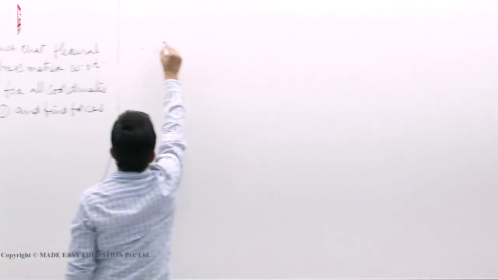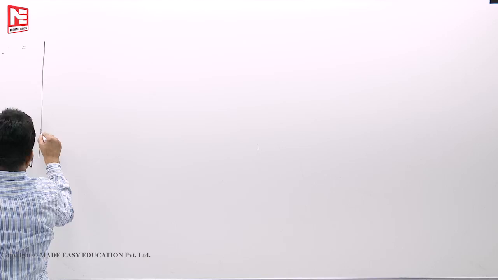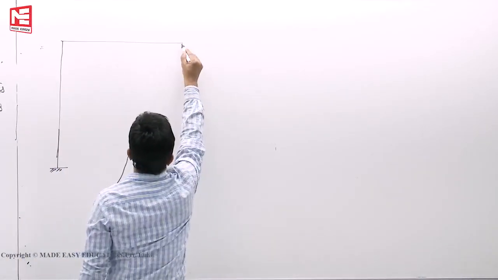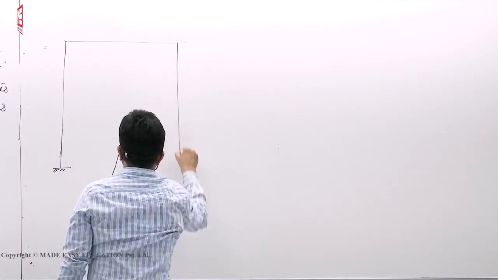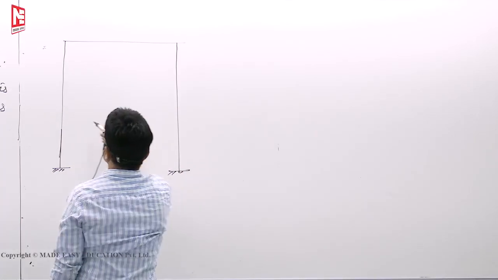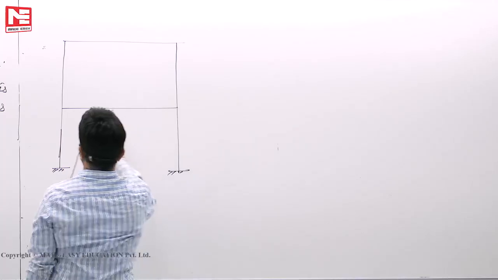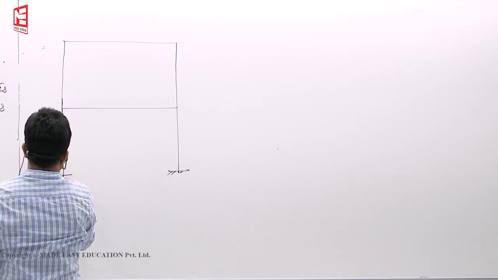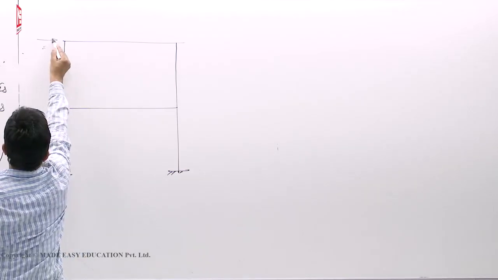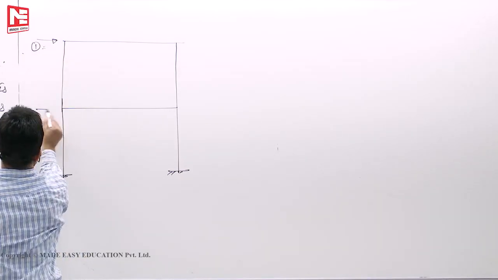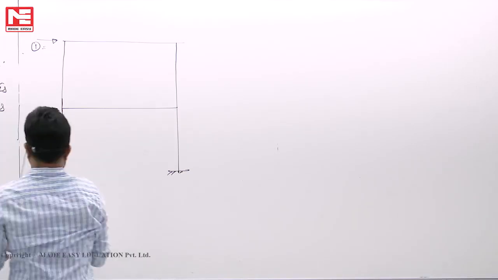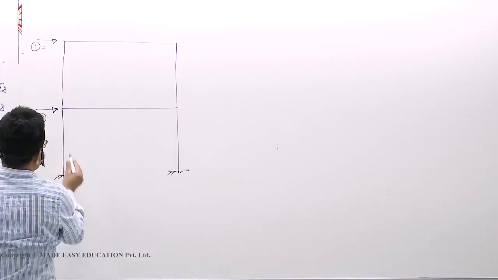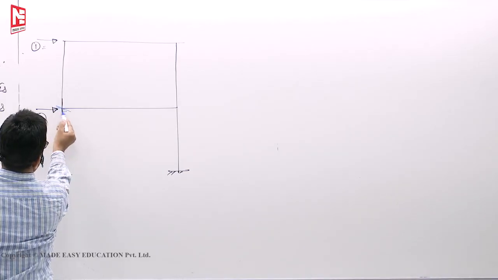Right, this is our column. This is coordinate 1. This is coordinate 2. Symbolically, you will fix all the coordinates.